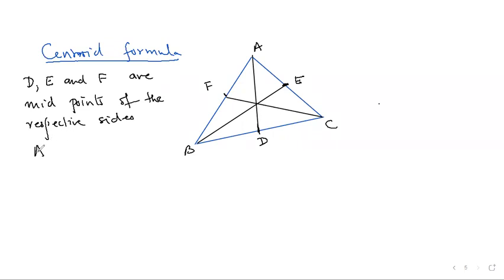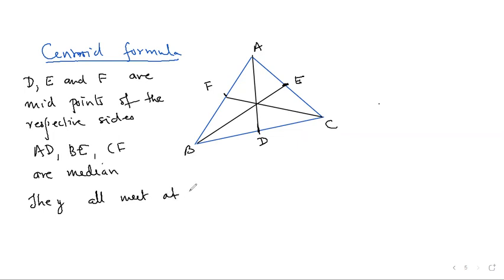Then you will call AD, BE, and CF medians. They all meet at G. They're all meeting at G. And G is called the centroid.